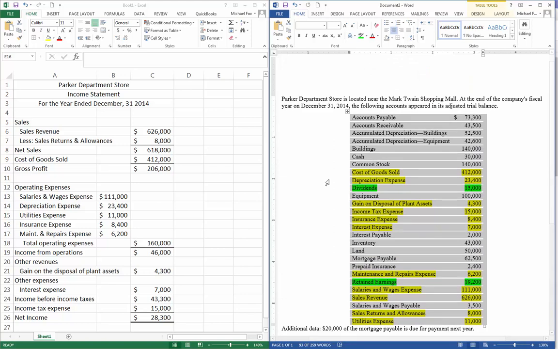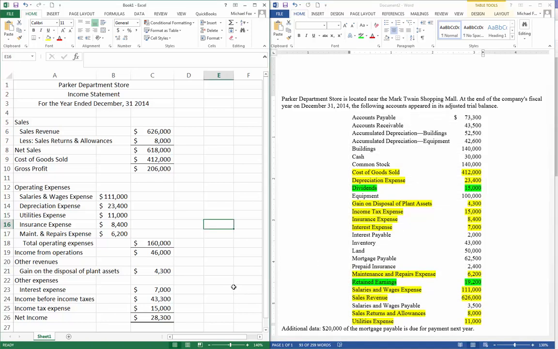Since we haven't closed the accounts yet, we haven't done our closing entries, then this must be the retained earnings previously. That's a good point to bring out. Retained earnings don't get updated until the closing process happens. So as long as we have revenue and expenses on our adjusted trial balance, we know that it's adjusted. It's not a post-closing trial balance.